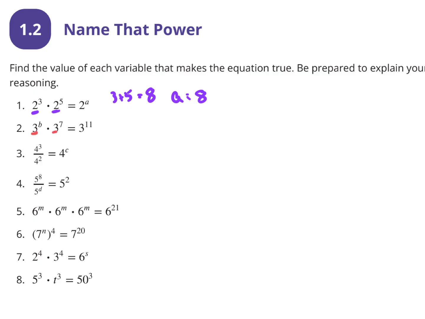We got the same base, and we know that B plus 7 equals 11. But what plus 7 equals 11? We subtract 7 from both sides, and B will equal 4. Okay. For number 3, we had the same base divided, so we subtract the exponents. So C equals 1.